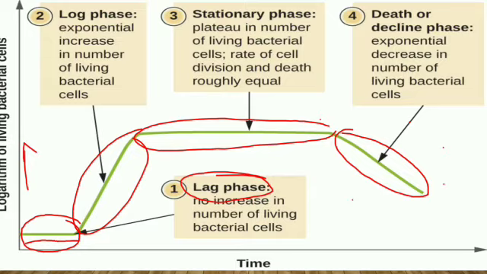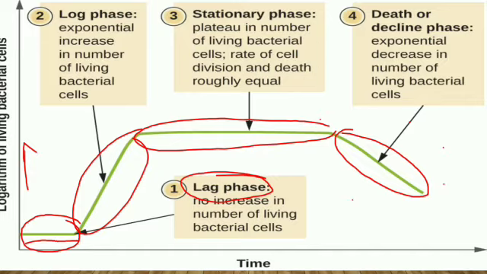The third portion is the stationary phase, where there is a plateau in the number of living bacterial cells. The rate of cell division and cell death are almost equal. So birth rate and death rate are equal. Then what happens to the population size?